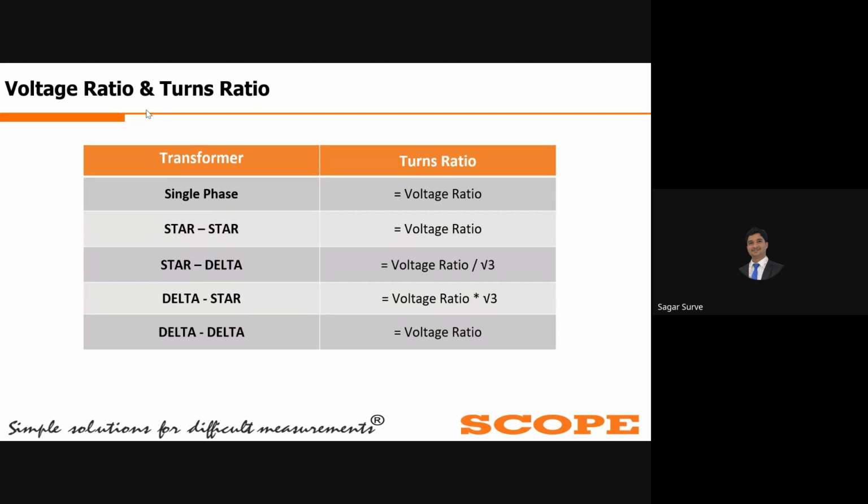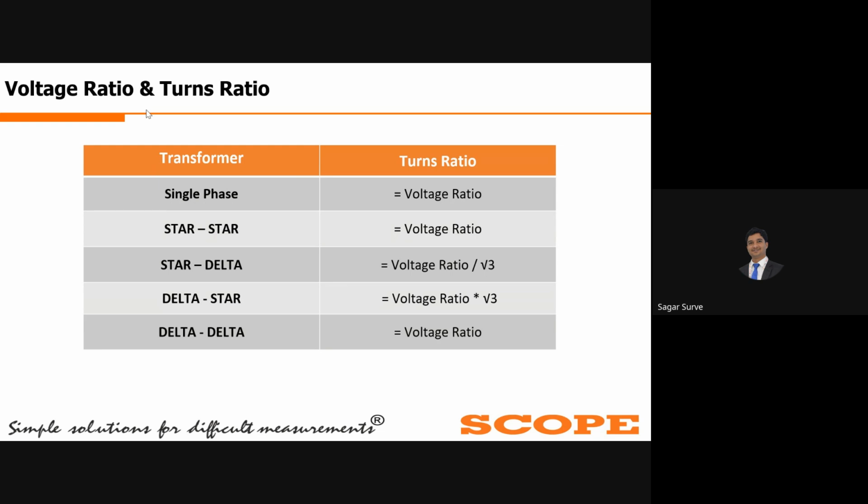Now we are coming towards the relation between transformer turns ratio and voltage ratio. If the transformer is a single phase transformer, then the turns ratio is always equal to the voltage ratio, because there will not be any phase shift between the primary and secondary winding.